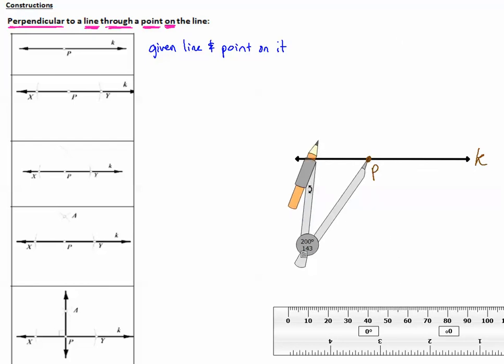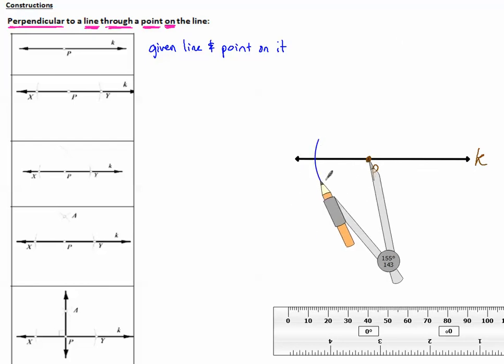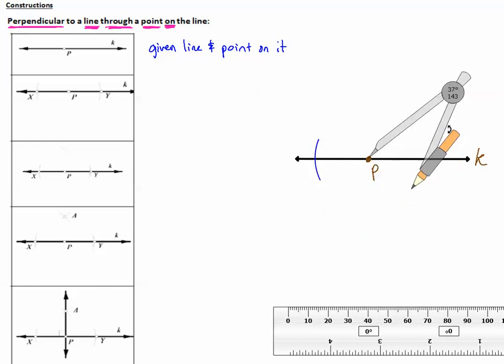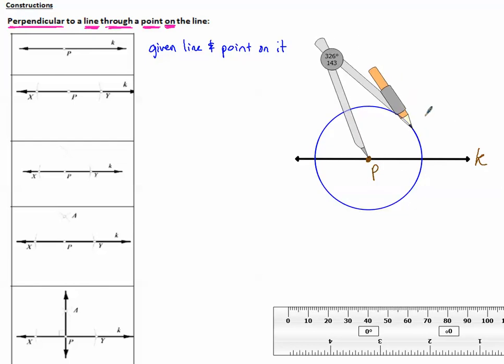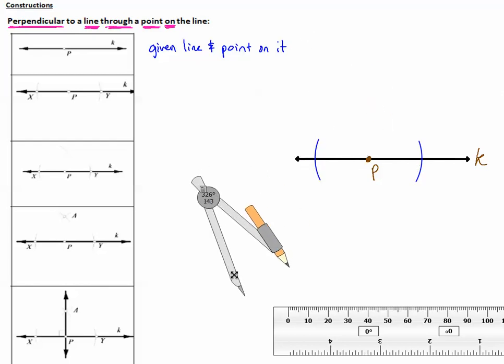So what does that look like to mark off a segment? I'm going to put a little arc here and then swing around and put a little arc here. I could draw the whole circle if I wanted to, but I don't really need that. So I just have these two arcs. Now what was that for? Like I said, to create a segment.